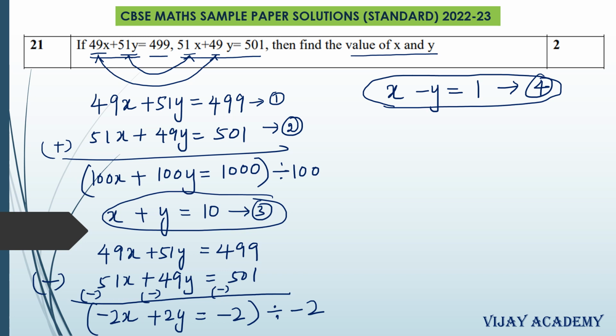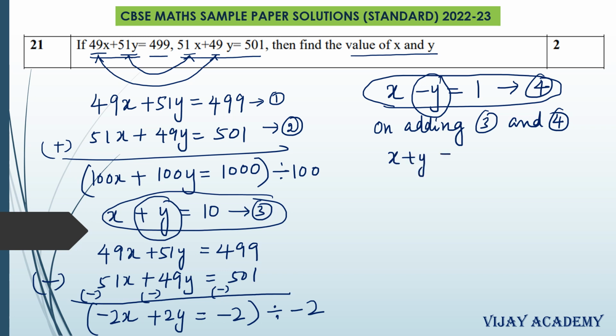So look at the variable y. In both cases it is plus y and minus y. So by adding equation 3 and 4 we can easily eliminate y and get the value of x. On adding equation 3 and 4, we have x + y = 10 and x - y = 1.